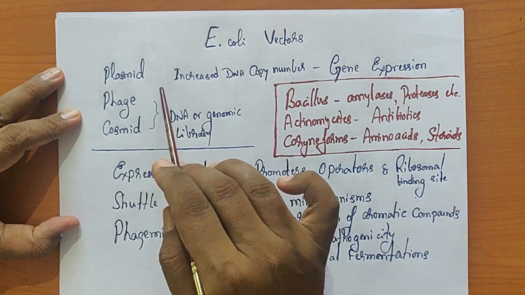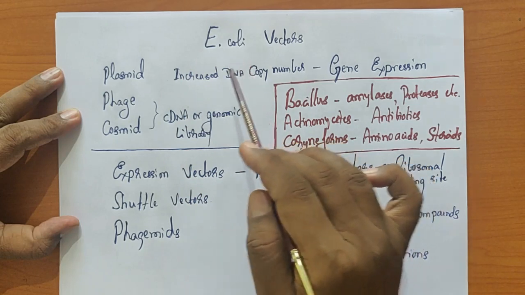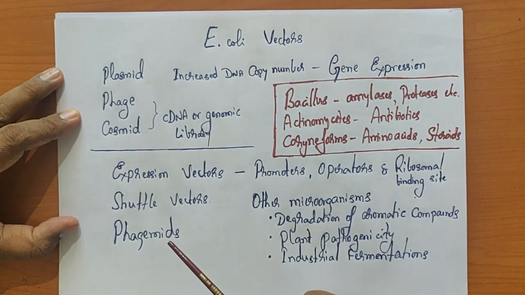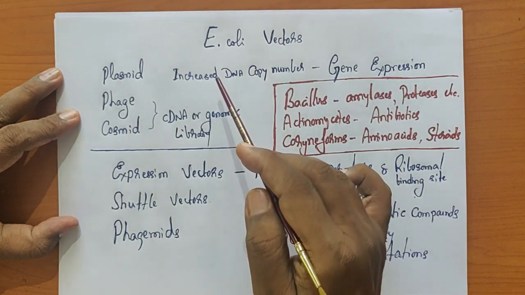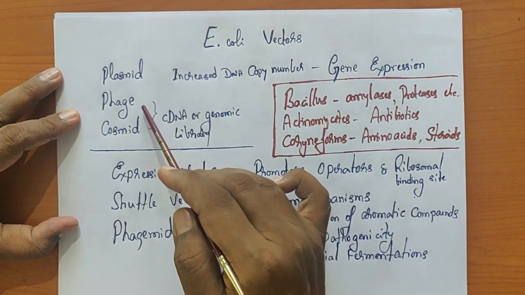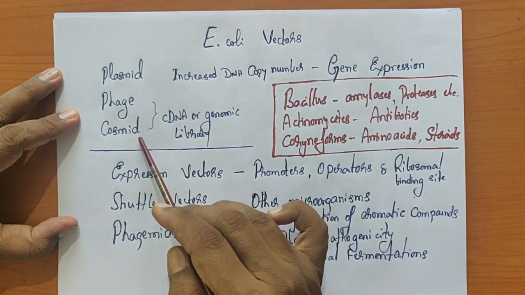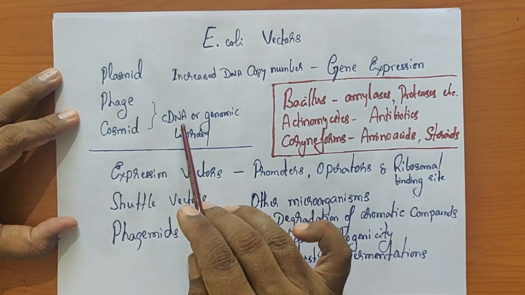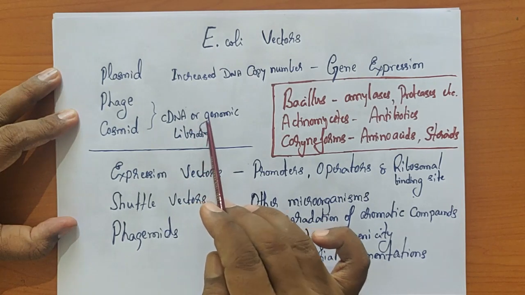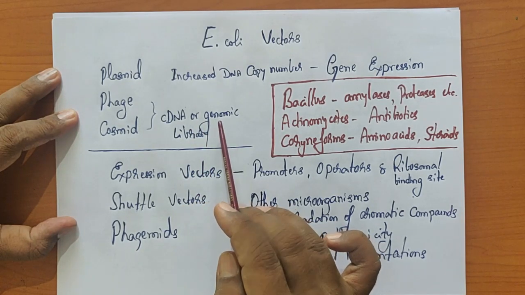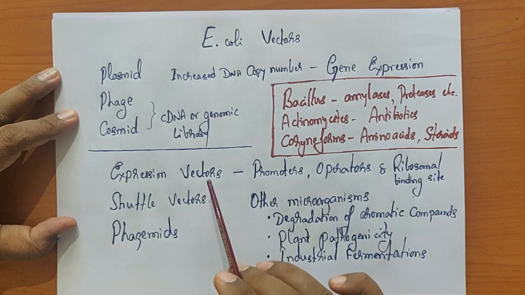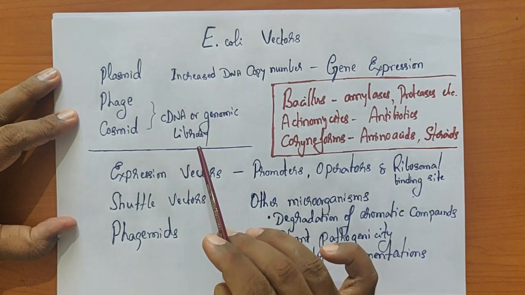In case of a plasmid, we can introduce a DNA like a PCR product, and we can amplify that inserted DNA into a number of copies. In case of phage vectors and cosmid vectors, these are principally used to create either a cDNA library or a genomic library, because you can take the chromosome and digest it with restriction endonuclease to generate larger DNA fragments.